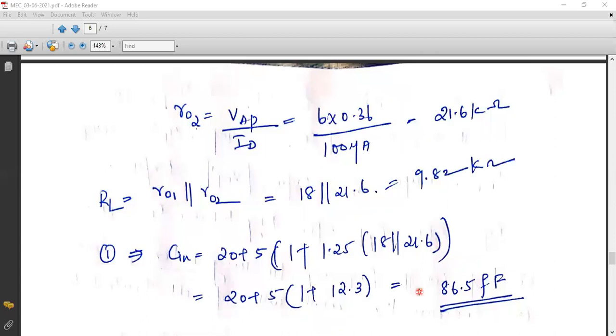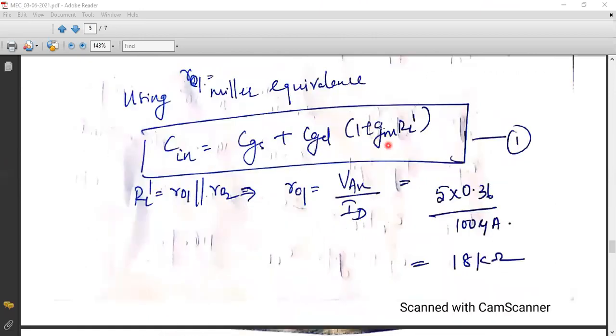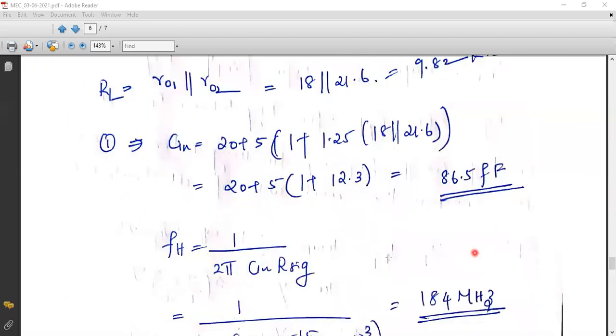And your answer will be in femtofarad because milliampere into kilo ohm, right? Sorry, milliampere, and the other one is in femto, isn't it? Yeah, this is in femto. GM and RL dash will get cancelled. Milliampere and kilo ohm will get cancelled. So everything is in femto. Okay. So the answer is 86.5 femto.